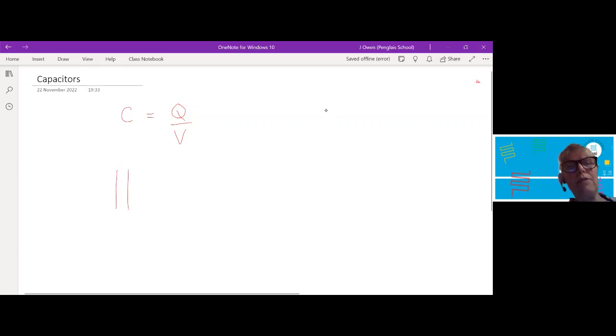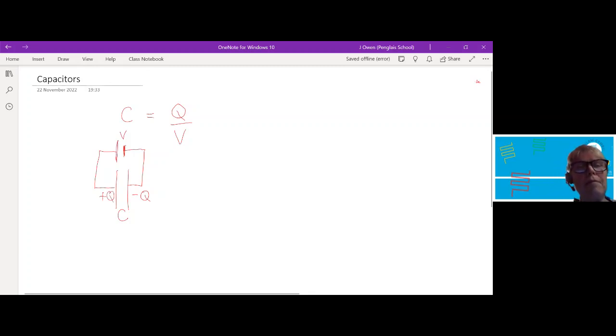So we have a capacitor, we charge it up with a PD, and the charge stored on the capacitor plates will be dependent on the PD that's supplied to the circuit and the capacitance of the plates to be able to hold the charge. So this side will be negative charge stored, and then it will be the opposite positive charge on the opposing plate.